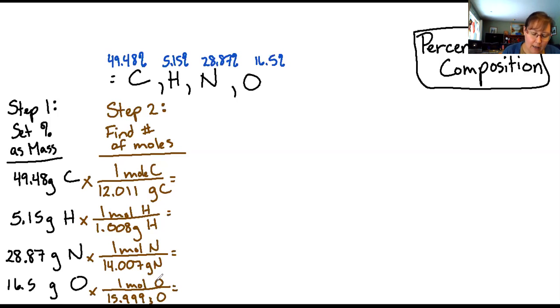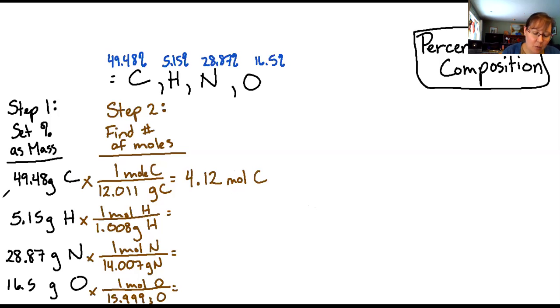So I say 49.48 divided by 12.011. Okay, now I'm going to be doing a lot of rounding here, so it doesn't matter too much that I have all kinds of information. Hydrogen here only has 3 significant figures, so I'm going to round everything to 3 sig figs here. And I will get 4.12 moles of carbon.